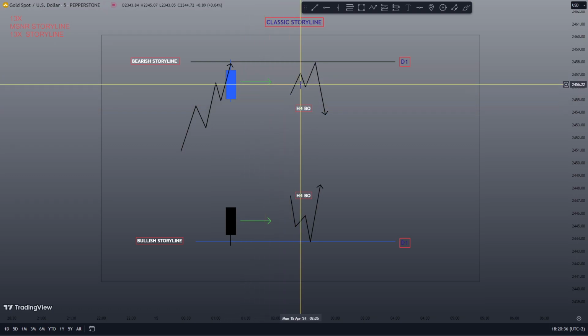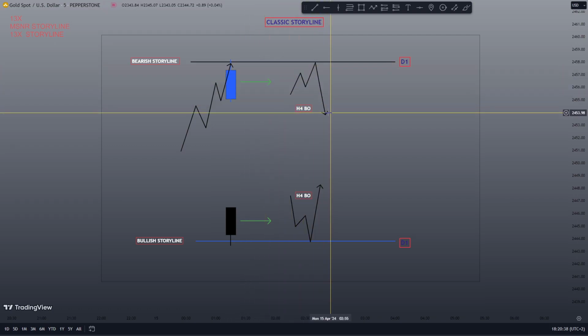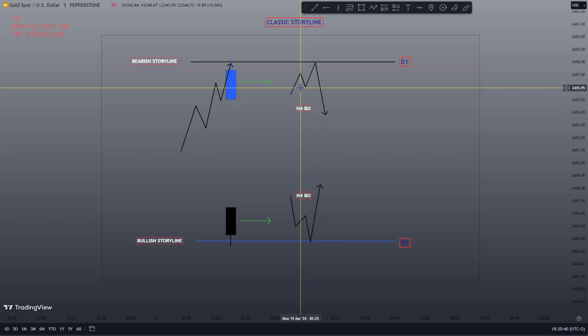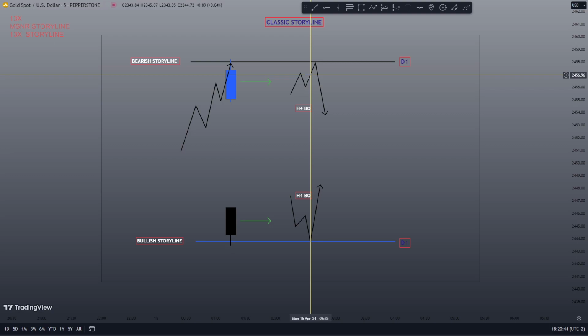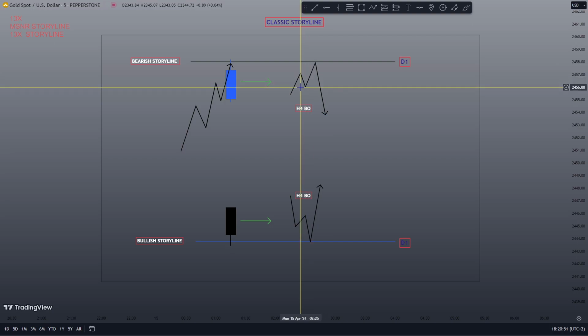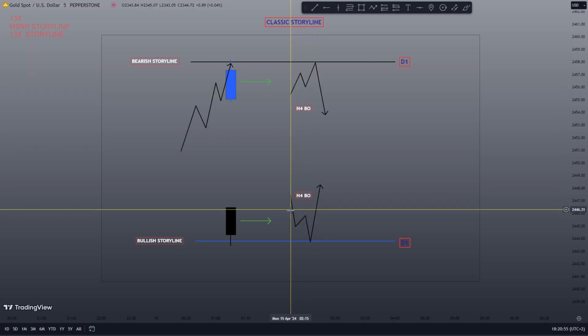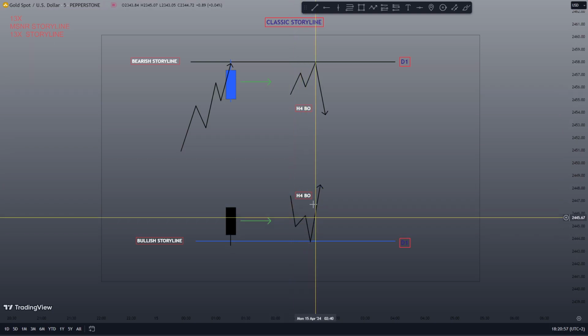Then we need a breakout of the H4 time frame, the last V level that got created before price touched our daily fresh level. Last V level for a bearish storyline and the last A level for a bullish storyline.